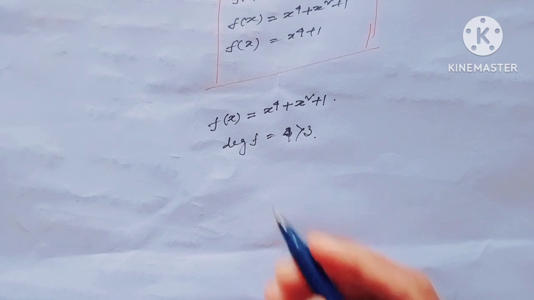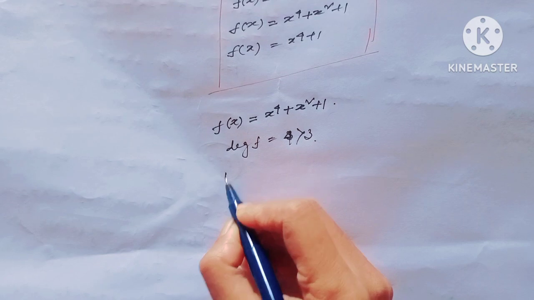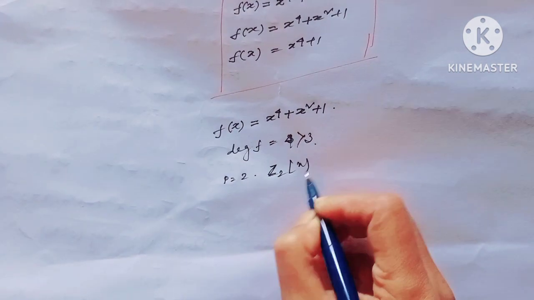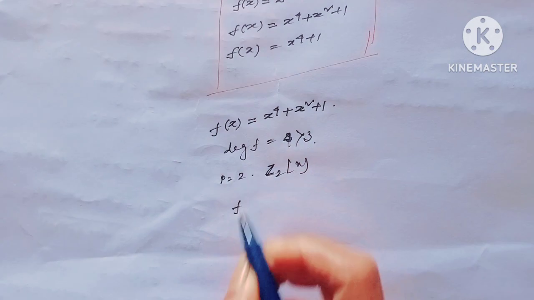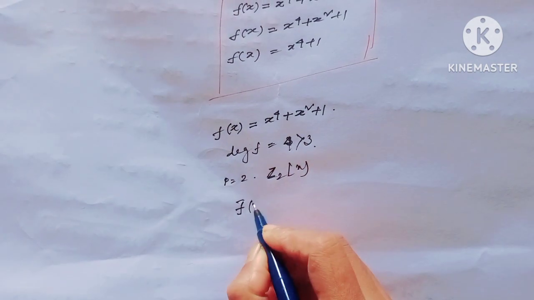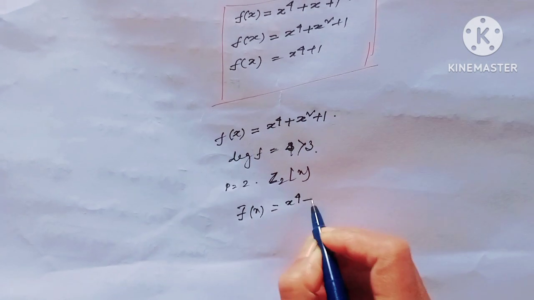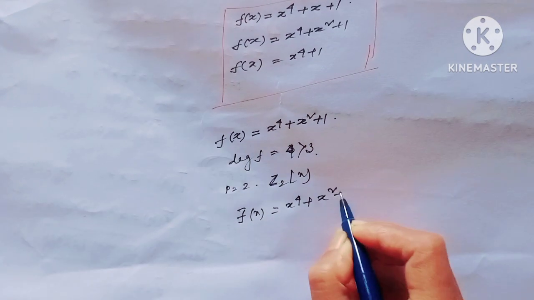Then if we apply p = 2 in Z2[x], the polynomial f bar would be reduced. Obviously f and f bar would be similar. In Z2 this would be x^4 + x^2 + 1.